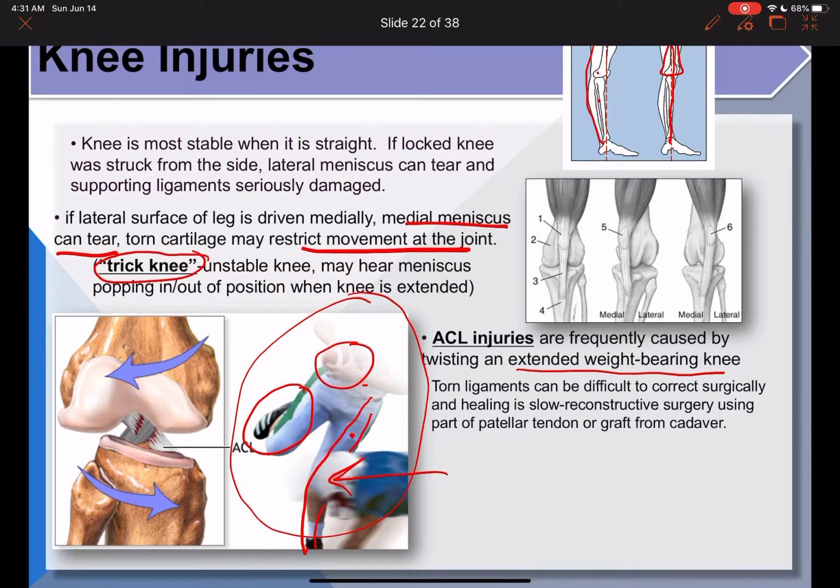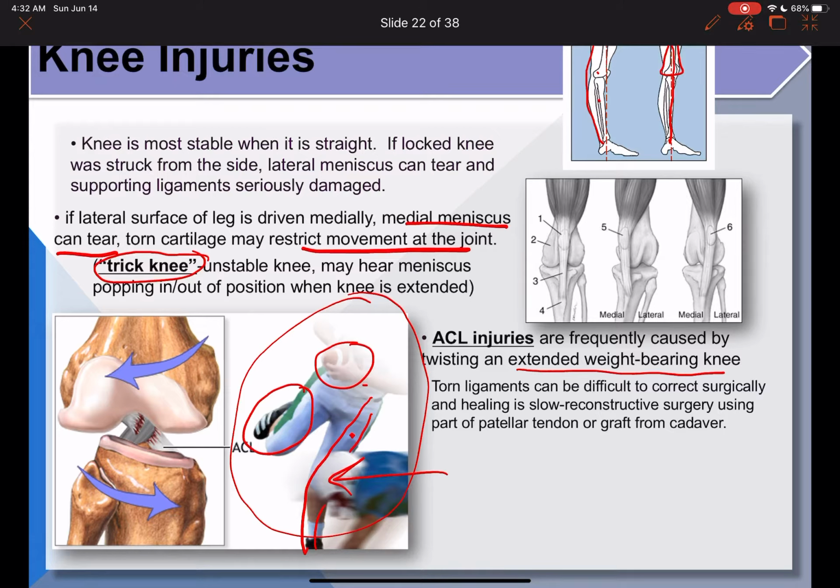And you know how strong football players are. So that force coming at you, pushing that tibia away from your femur, can actually overbear the tension that your ACL can take and cause your ACL to tear.